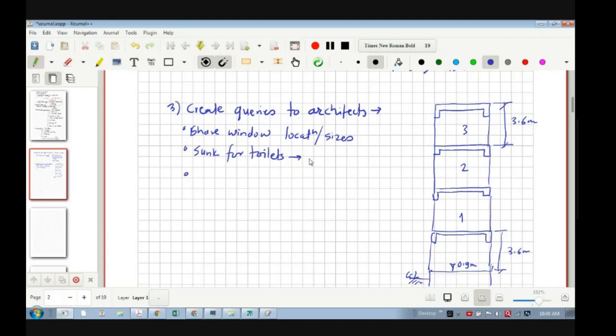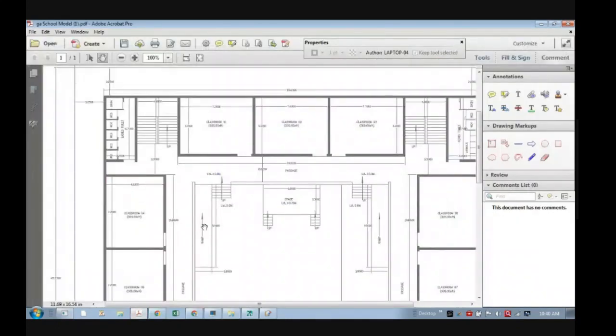Let's say the architect says please take sunk as 300 mm. Then let's say the architect has already given the guideline regarding the windows. For the time being, say the architect says there is a window at every external face of the building, and the size is 1.5 meter wide and 1.2 meter height.